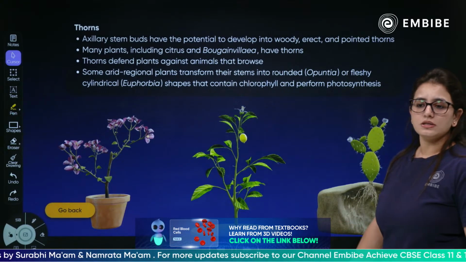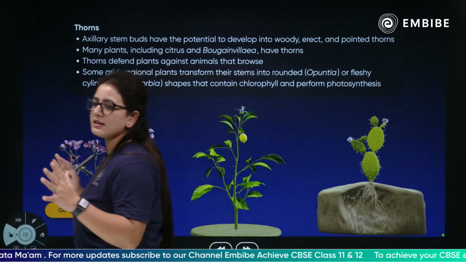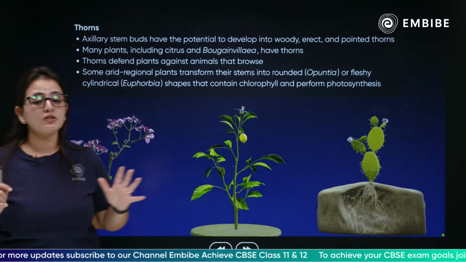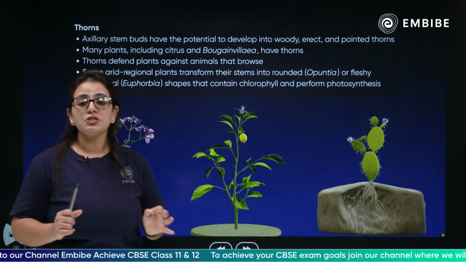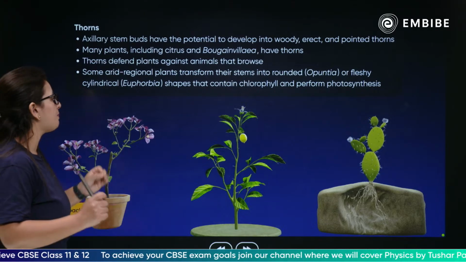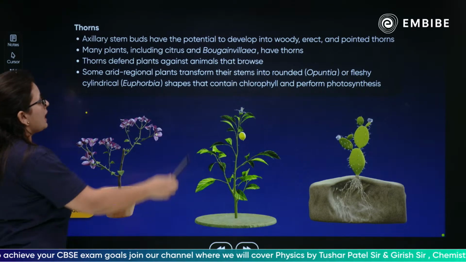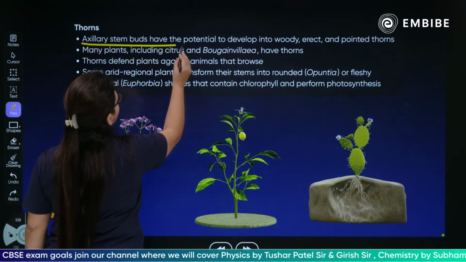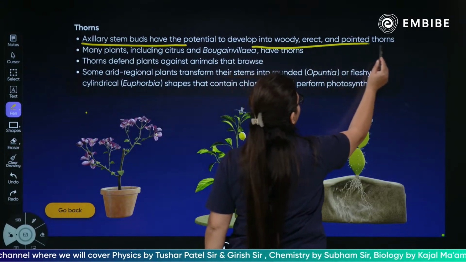Yes, the thorns. Everybody has seen a cactus plant. Those cactus plants have very sharp long thorns, and you are not able to touch them because they will hurt. Those thorns are nothing but a modification of the aerial part of the stem. What are the features of the thorns, children? The axillary stem buds have developed into woody, erect and pointed thorns.